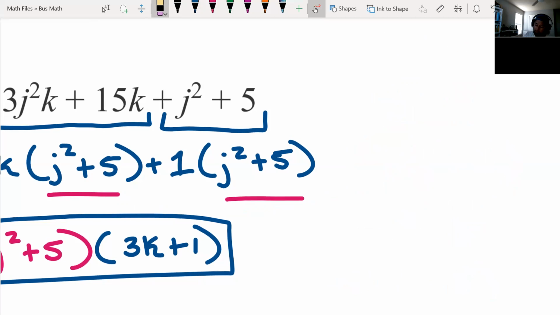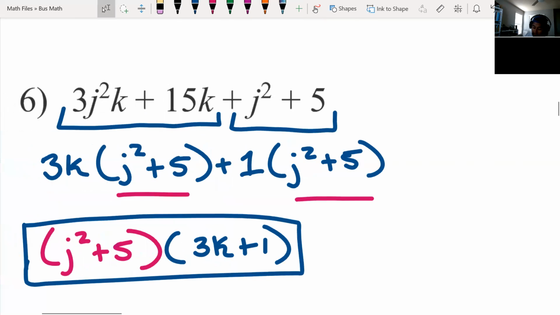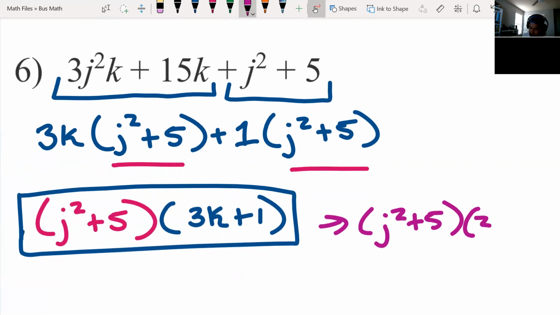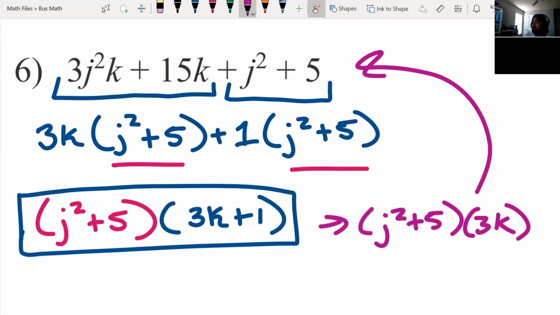But if you don't put the 1 out in front, you get the problem wrong. If you just bring the j squared plus 5 down and put it in parentheses, that changes the whole answer. Exactly. The reason I put the 1 there is for good reference, so you know that the 1 still exists. Because if you don't have that 1 there, you could make the mistake of writing j squared plus 5 just times 3k, which would definitely be incorrect, because if you distribute it, you are not going to get the original problem back.